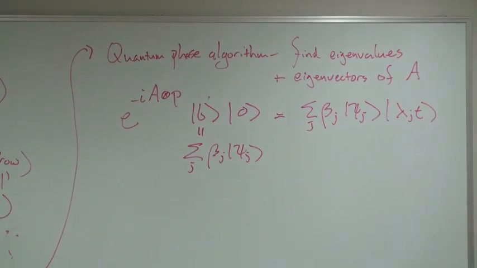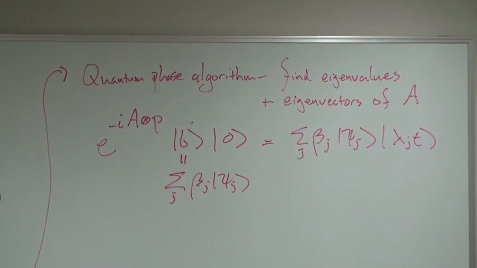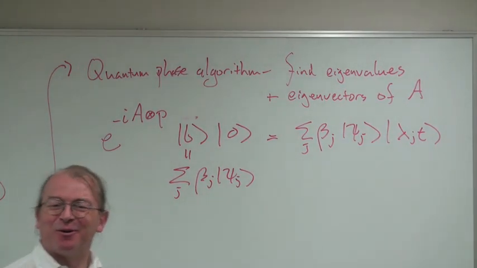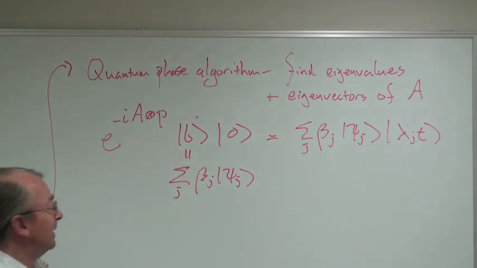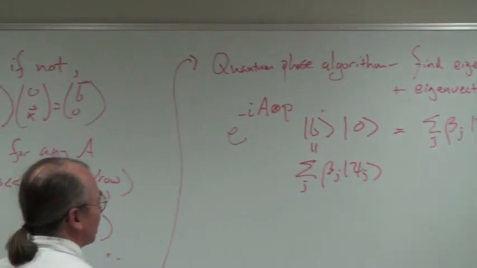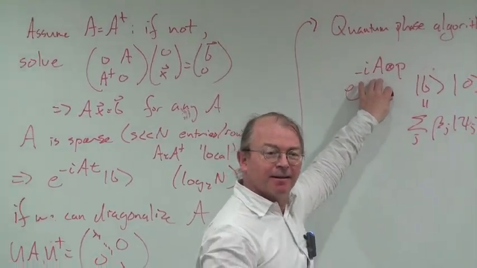This is on, I forget which page, like on page 233 of von Neumann's 1930 book on the foundations of quantum mechanics. And that's really all this quantum phase algorithm is, except that the quantum phase algorithm tells you explicitly how to do this once you're given this A.